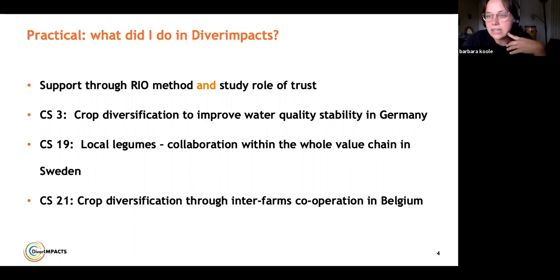In these case studies, I had a bit of a double role, because I was both advising and supporting them while making use of the RIO reflexive interactive design method, and meanwhile also studying how trust was playing out in these co-innovation contexts.